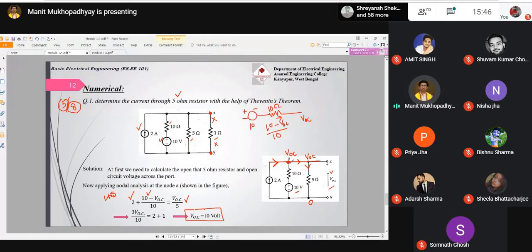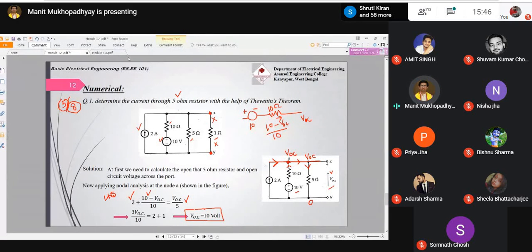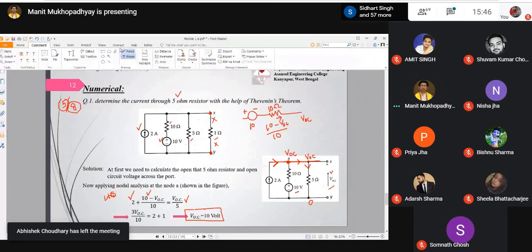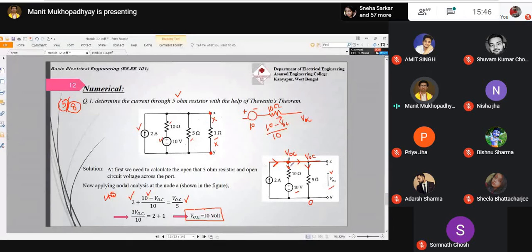Okay, why is the current going in upward direction, why not in downward direction? Can anyone say why this is not in downward direction? Can anyone say? Sir, there is another source. Right, there is another source.